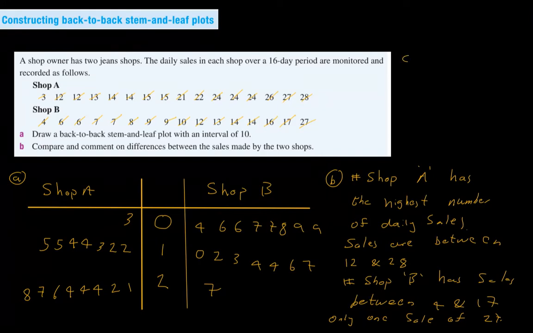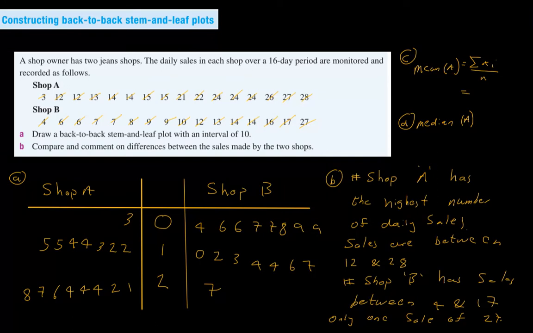As an extra, let's work out the mean for A and the median for A. So pause the video and have a go at doing those. Okay, so the mean for A, we're going to use this formula. We're going to add up all the values and divide by the number of values.